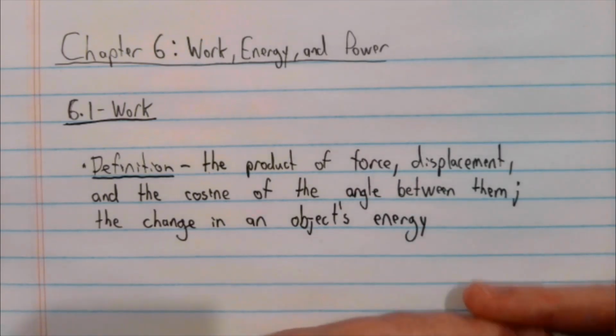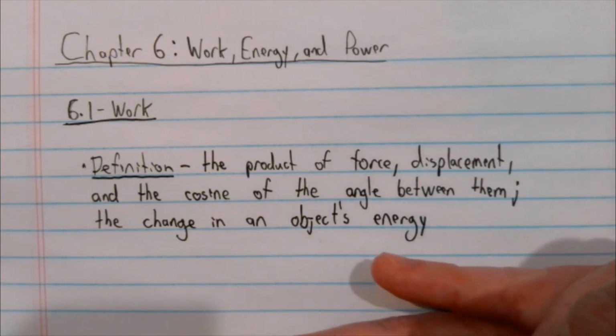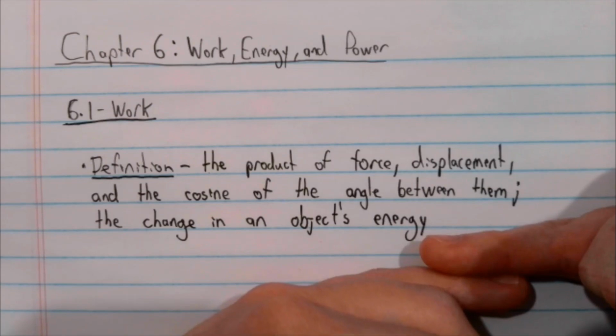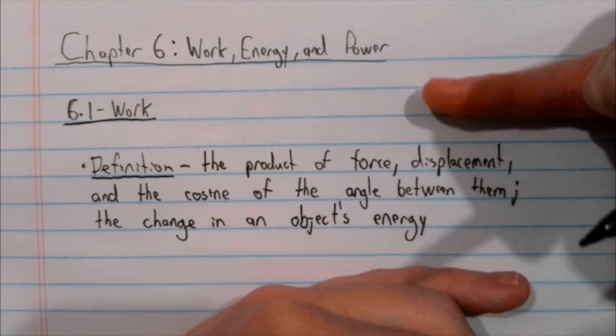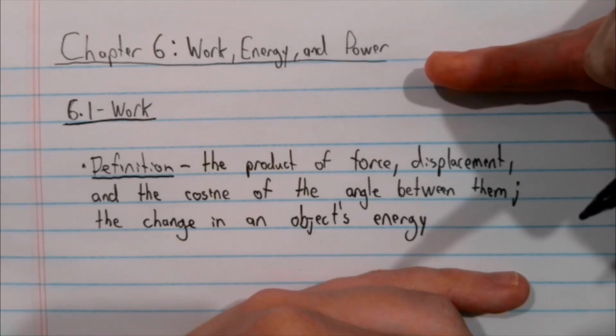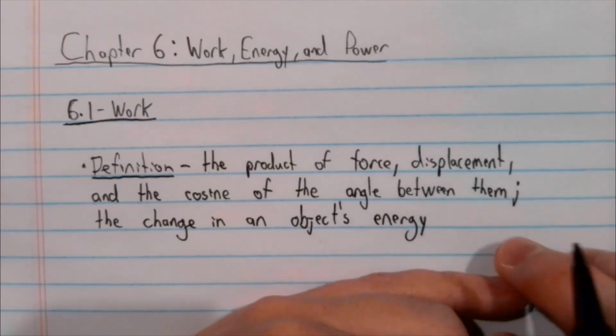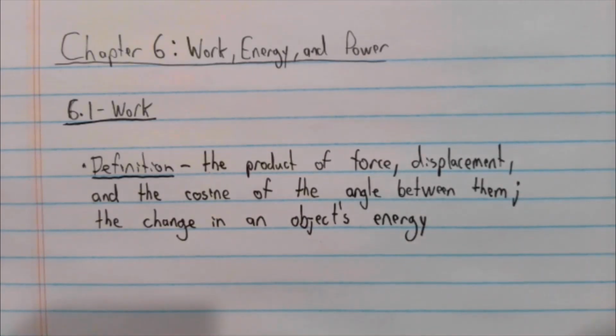So if you raise an object upwards, you're giving it potential energy. You do that by doing work on the object. The other type, kinetic energy, is about velocity. So if you work on an object, you could give that object some extra velocity and therefore increase its overall energy. So that's what I mean by the change in an object's energy.